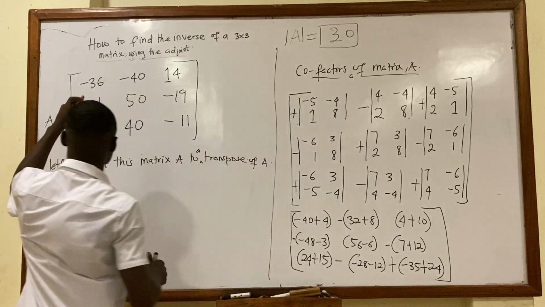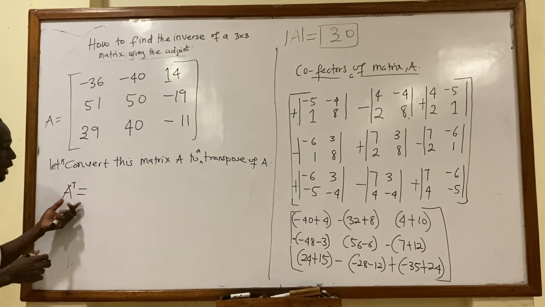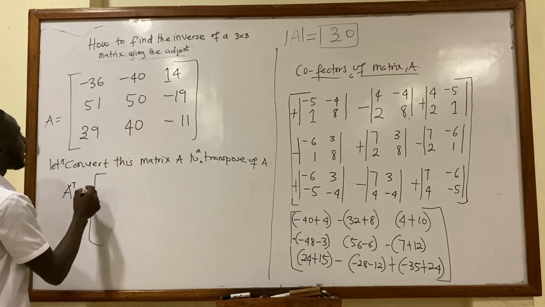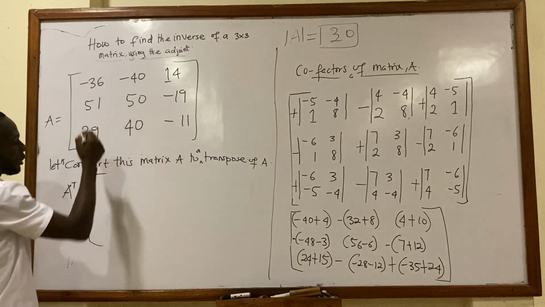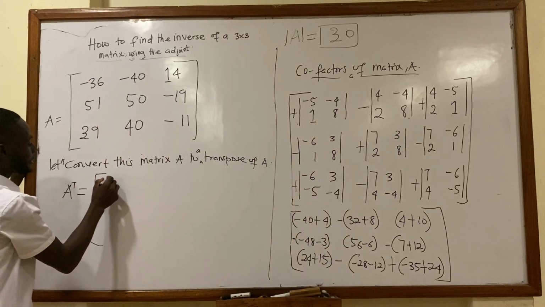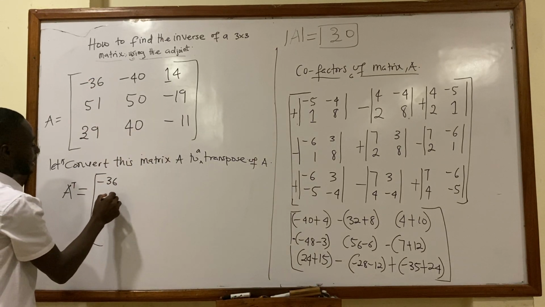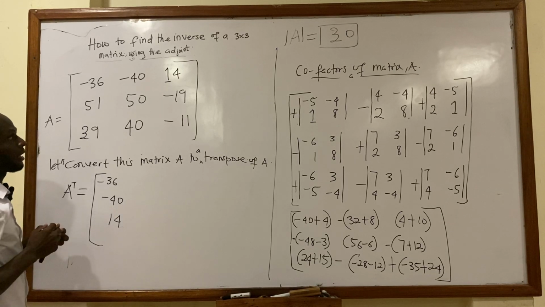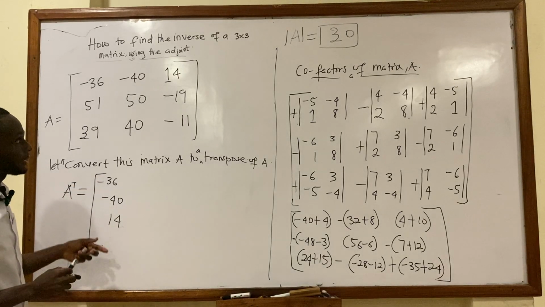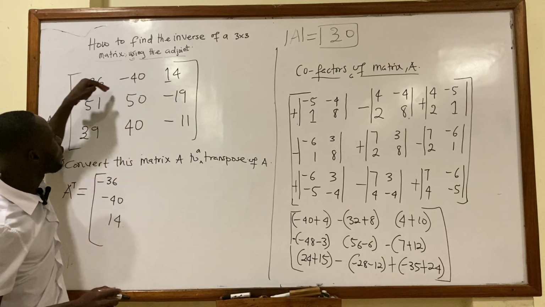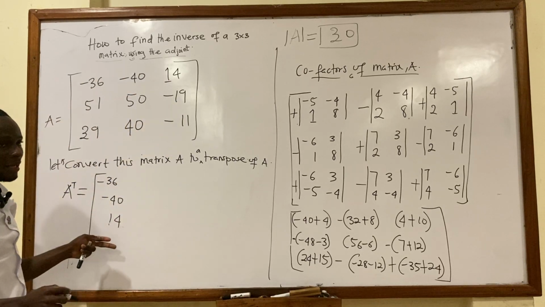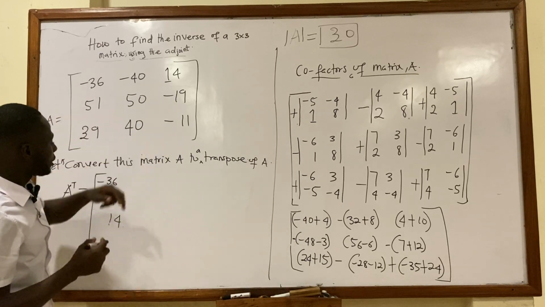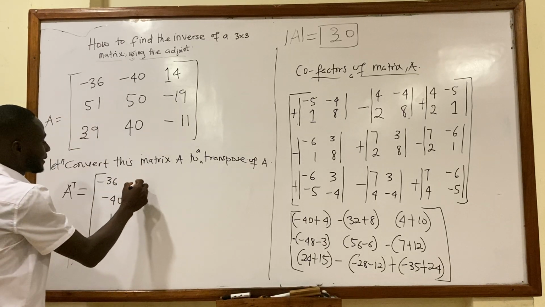So for instance, this matrix A, when we transpose it, this row will now be a column. So we have minus 36, minus 40, 14 as our first column, right? The whole of this row has turned to our first column now. Good. Our second row is also going to be our second column.